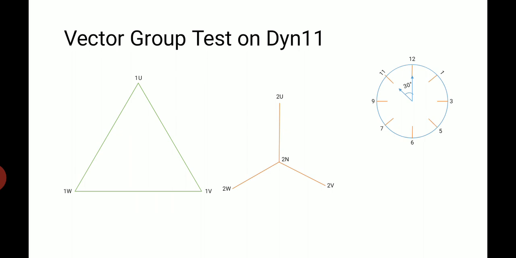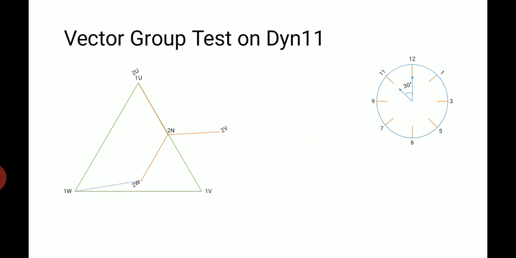So now I am rotating this vector to obtain 30 degrees of phase shift. I am imposing it on delta. Here you can see that when you want to perform the test, short the terminals 1U of primary with 2U of secondary and measure the voltage across each of the terminals by applying a 3 phase 400 volt 50 hertz supply at the primary of the transformer.